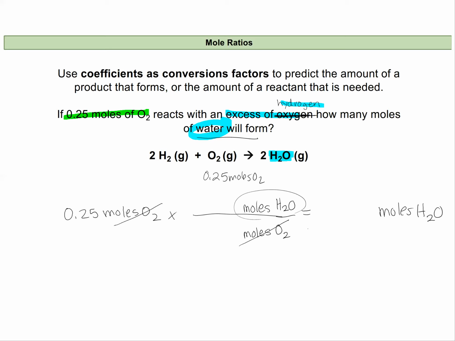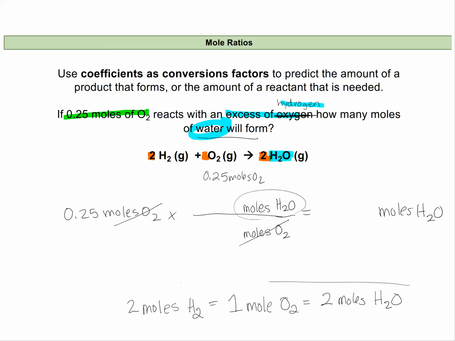Now, coming to my chemical reaction that's balanced, I can use the coefficients to create conversion factors. So in this case, 2 moles of hydrogen will react with 1 mole of oxygen to form 2 moles of water.